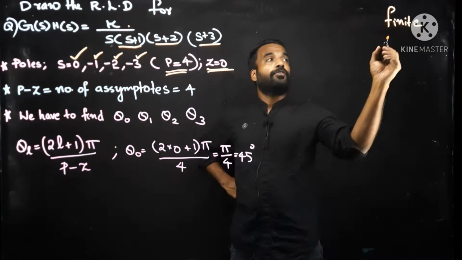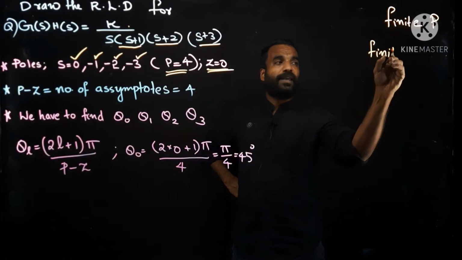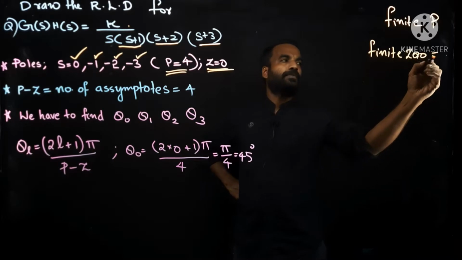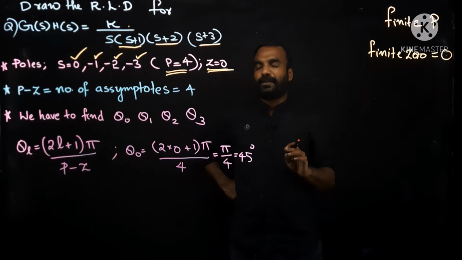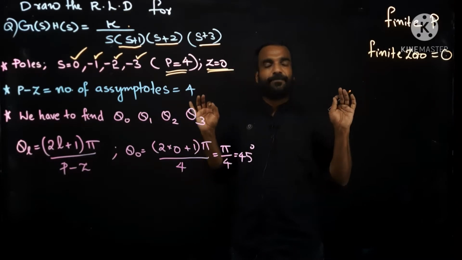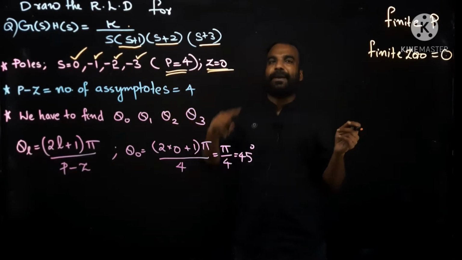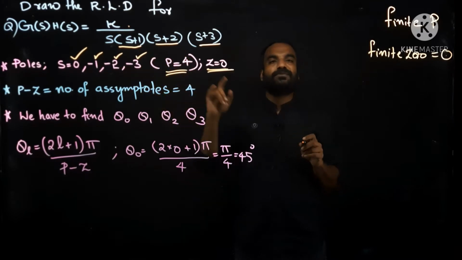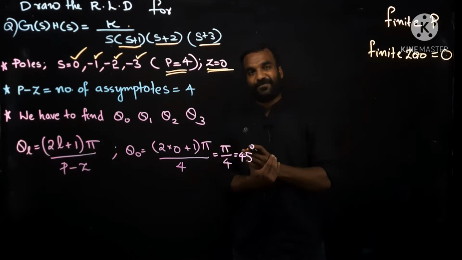But the number of finite zeros? Is there any finite zero? No. The number of finite zeros is 0. But we can say zeros are present at infinity, because even though zeros are missing on the paper, they are present at infinity. All the poles are ready to travel up to infinity to meet their own zero.